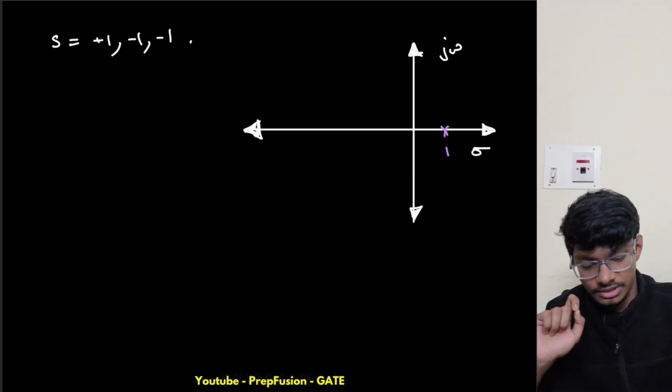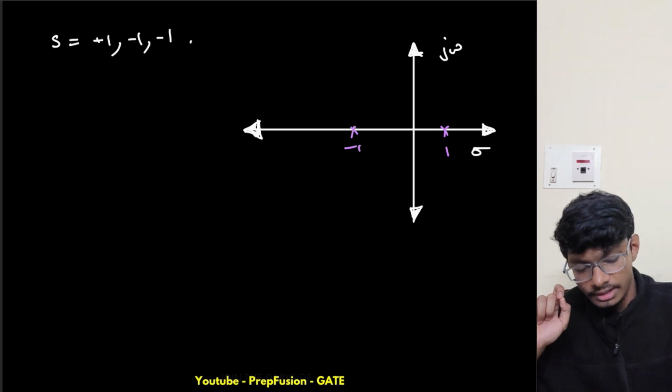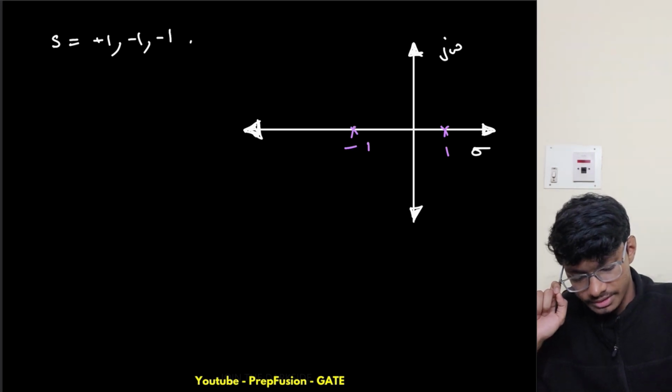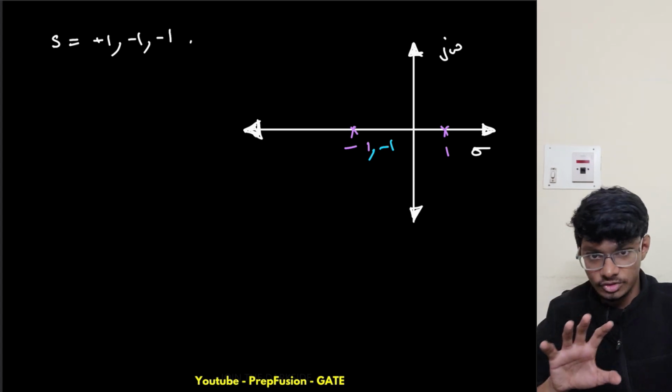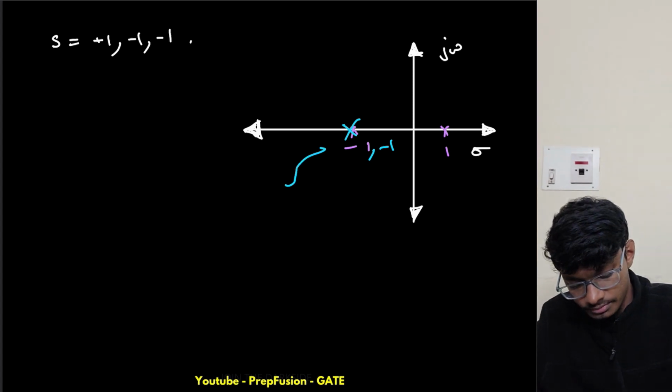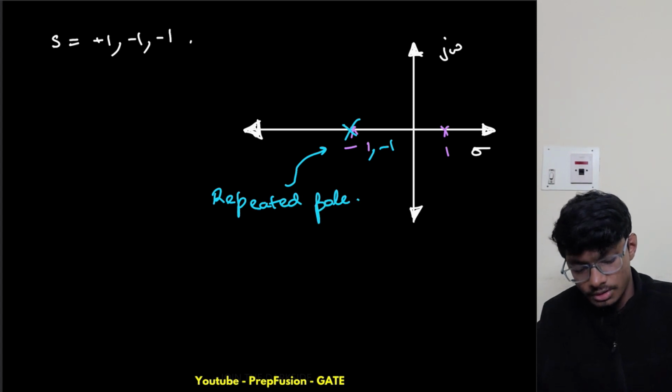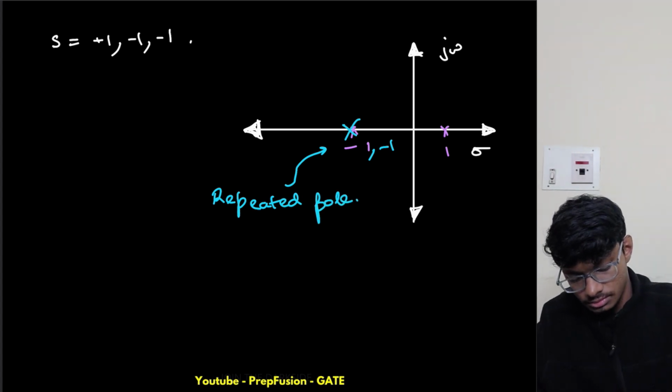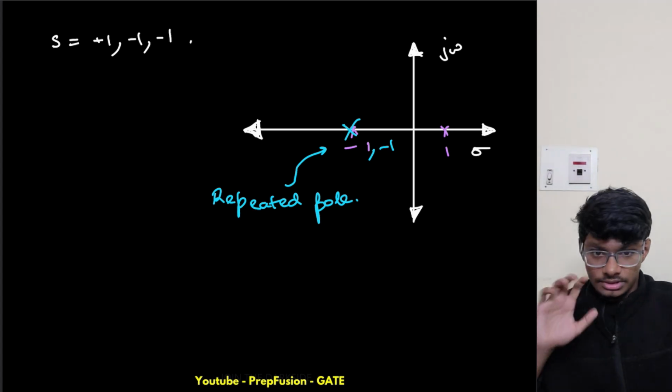One was at plus 1, another is at minus 1, which is the symmetrical one, and another individual one is at minus 1 itself. So I have a repeated pole over here. So yes, this is my repeated pole.